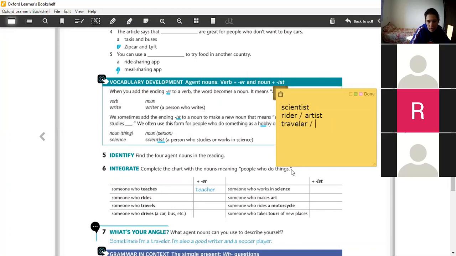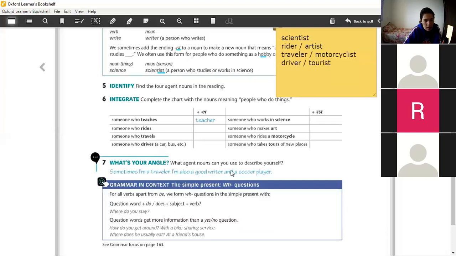Someone who rides a motorcycle? Motorcyclist. Someone who drives a car, bus, etc.? Driver. Someone who takes tours of new places? Tourist. Good.